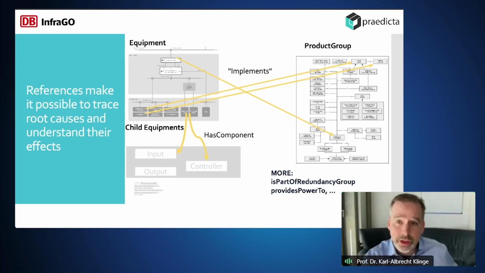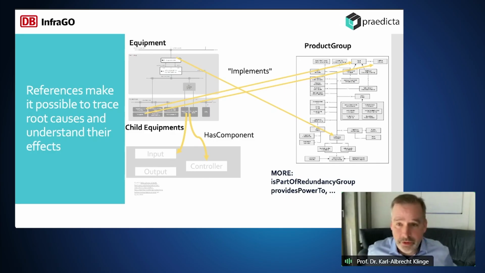For example, with an implements reference, we have the link from the logical model, the product group, which I presented first, to the physical equipment model, so that we know what is the correct replacement. Or something else, the provides power reference. If the power supply fails, the equipment powered by it may be affected, and you repair the root cause. Don't repair anything that is not the root cause.